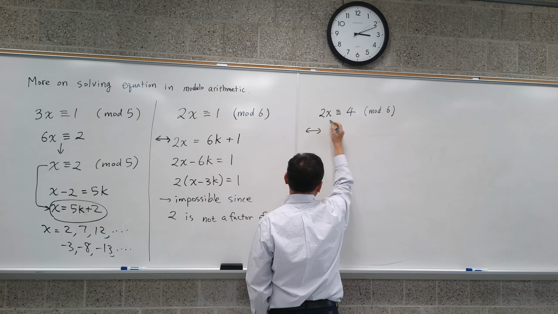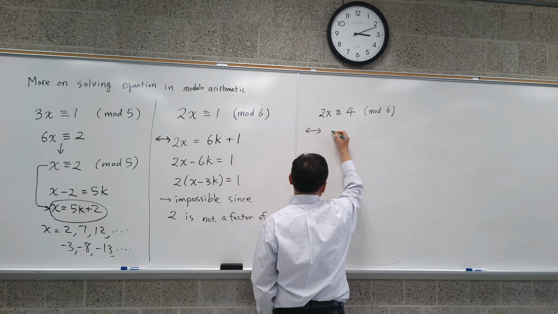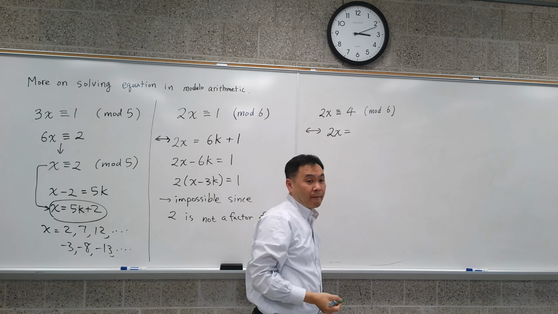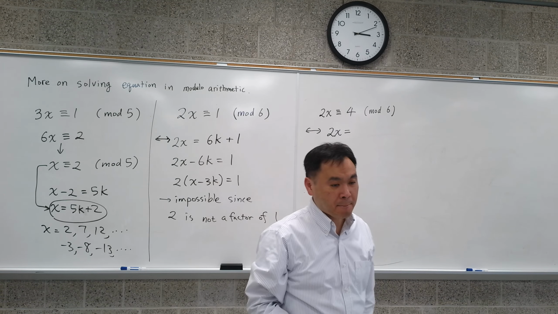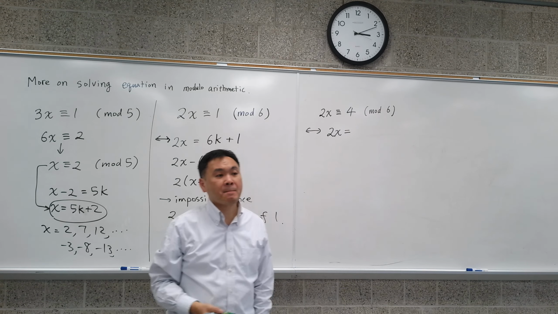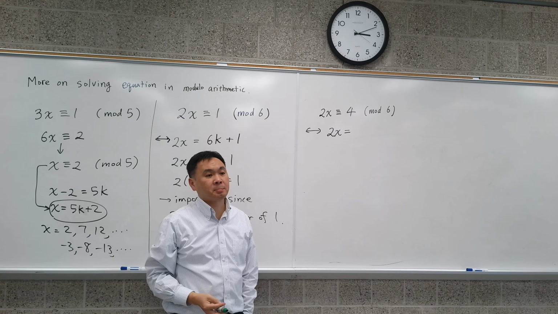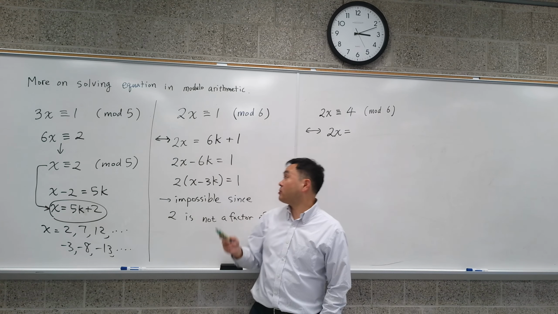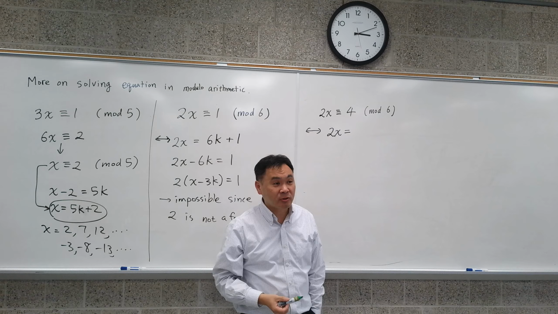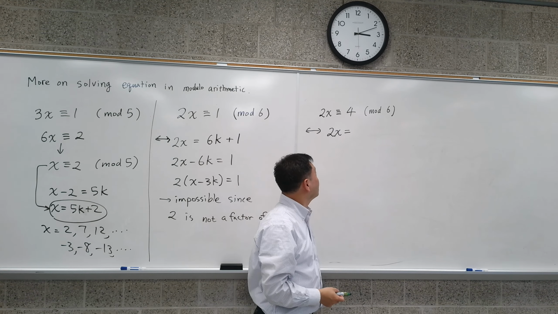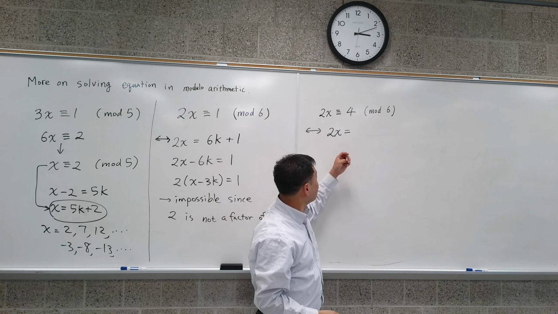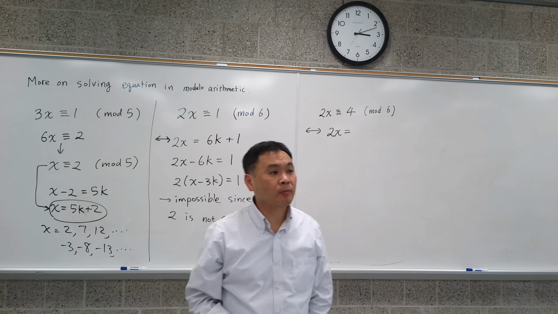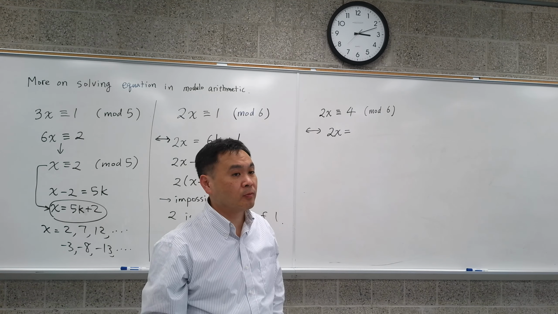So if you write this in a usual equation form, what does that mean? 2x is equal to? See if you can rewrite it like this one. So from the congruence relation, you can get 2x equals to? 4 plus 6k.